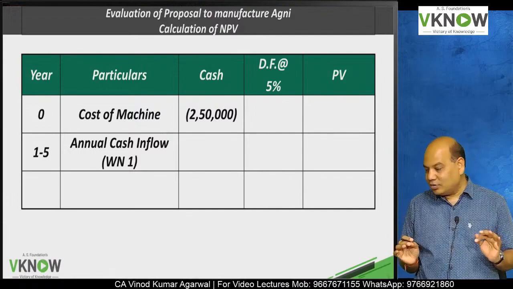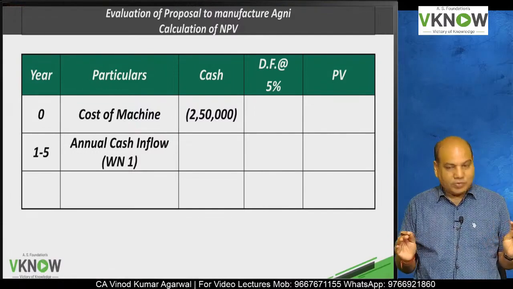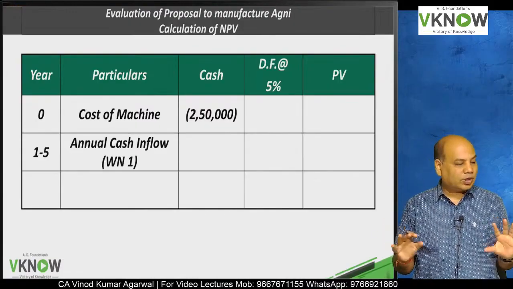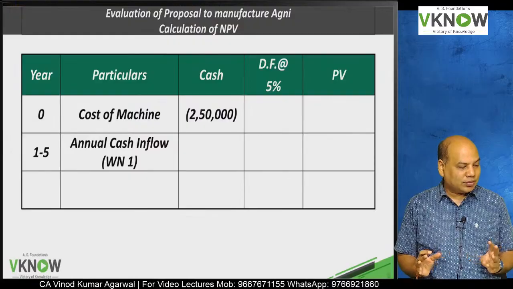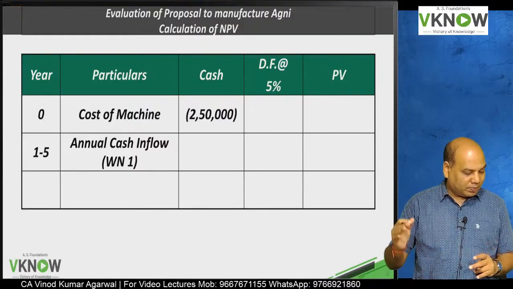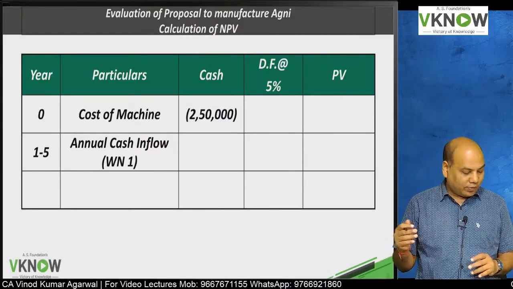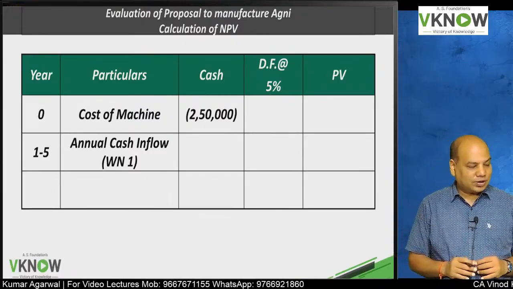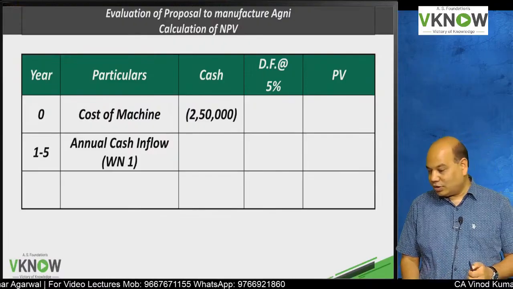Is it right? So the answer 10,000 means you have simply multiplied 10,000 into 1. Then what is the point in this whole discussion? You have considered depreciation also. You have considered head office cost also in your discussion. So that is not right.